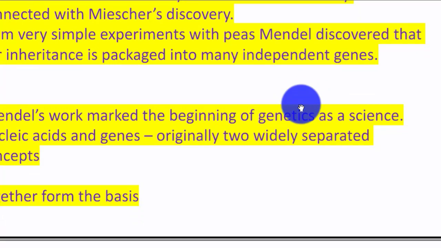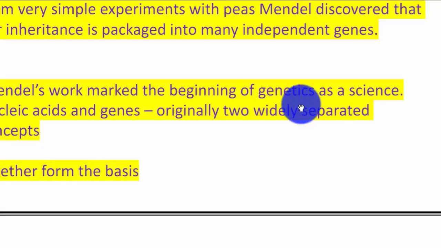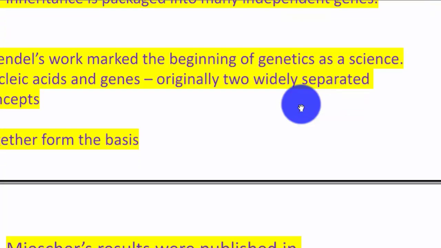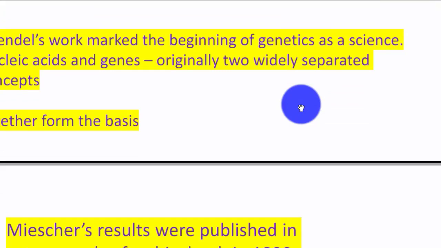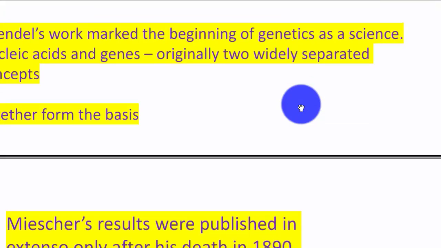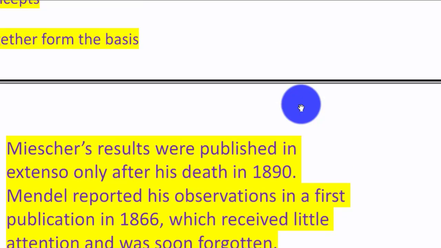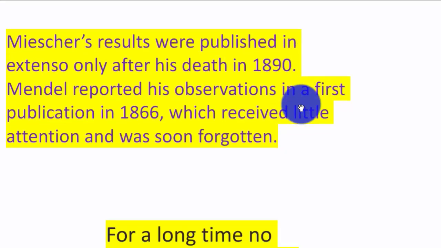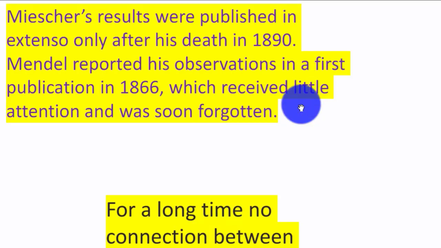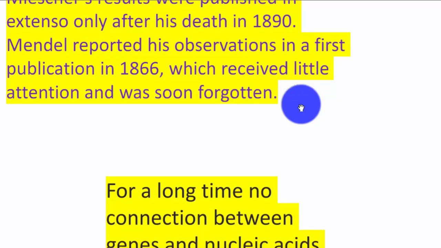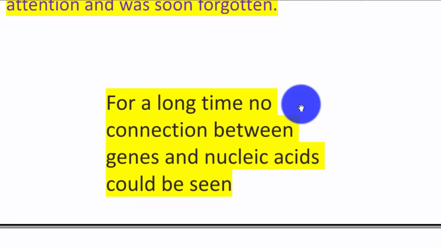From a very simple experiment with peas, Mendel discovered that our inheritance is packaged into many independent genes. Mendel marked the beginning of genetics as a science. Nucleic acid and genes, originally 2 widely separated concepts, together form the basis. Mendel reported his observations in his first publication in 1866, which received little attention and was soon forgotten.